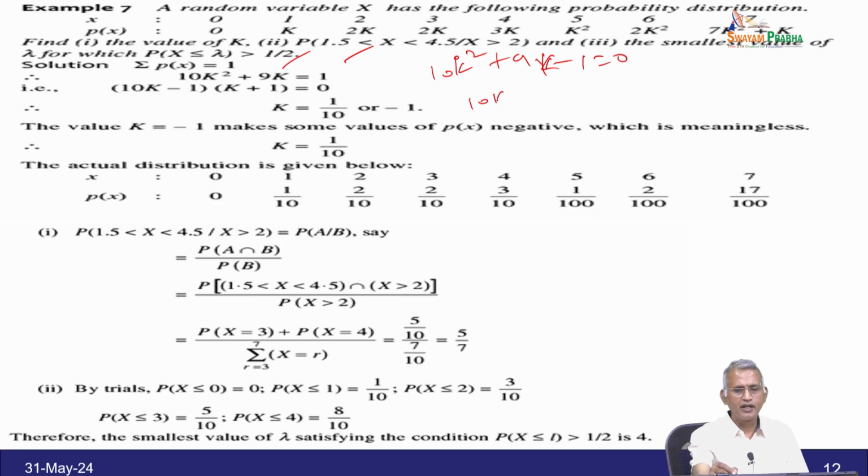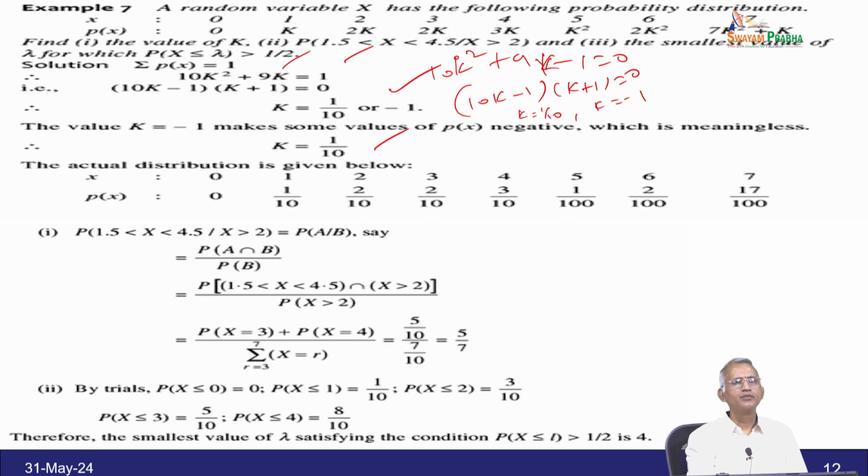Factorize, it becomes 10k minus 1 into k plus 1 equal to 0. Therefore, 10k equal to 1, meaning k equal to 1 by 10, and k equal to minus 1. So, these are the two values. The value k equal to minus 1 makes some values of p of x negative. Therefore, k equal to 1 by 10 will be taken.